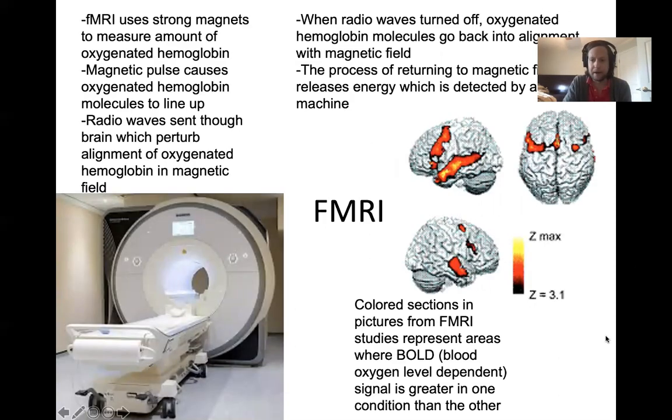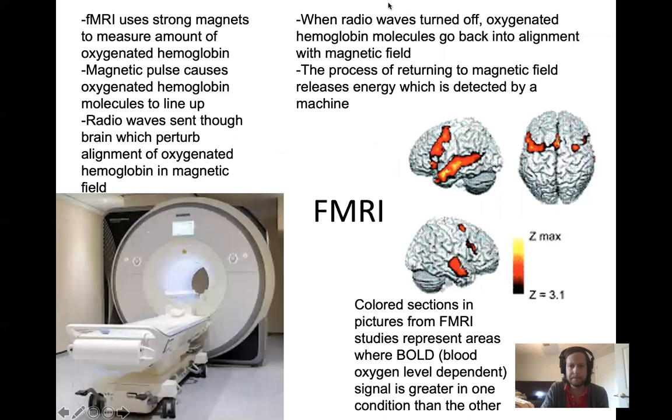Starting with fMRI, okay, so fMRI produces pictures like this. Each of these little areas where there's red, orangey, yellow blobs represent regions of the brain that are more active in one mental state than the other.